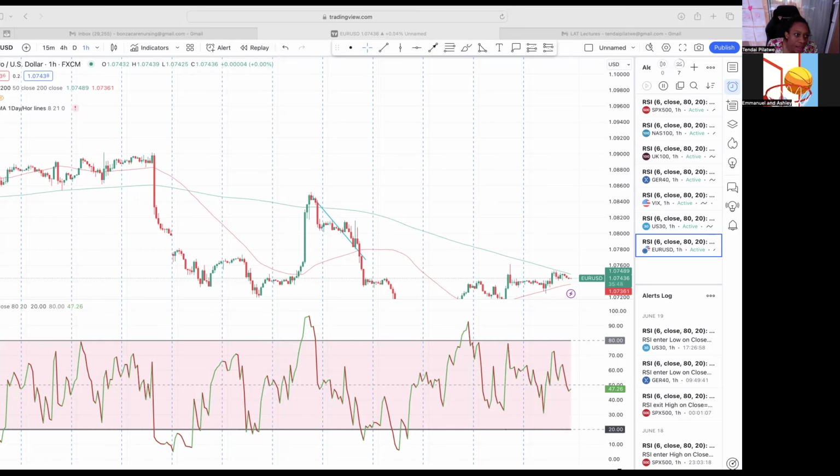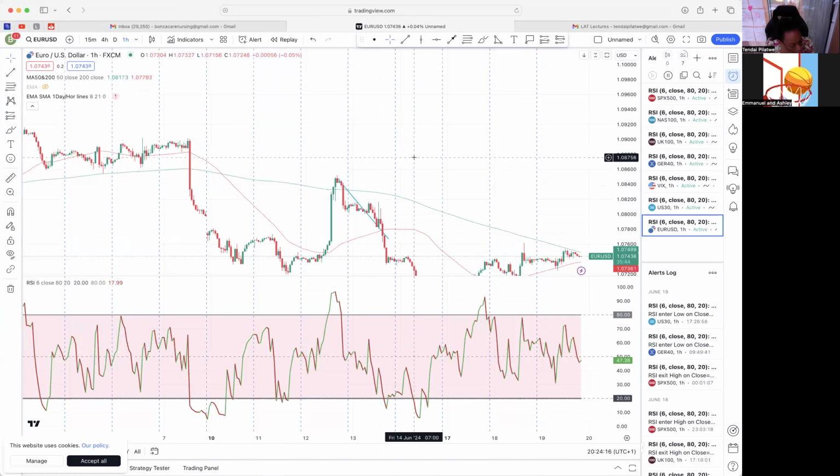In terms of the scalping strategy, unlike the backbone strategy that we have learned, with scalping we have to use the 15-minute chart and the 5-minute chart, and we need to mark support and resistance levels.